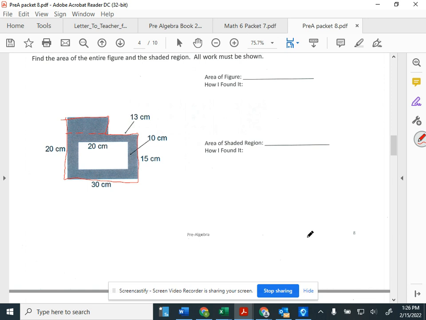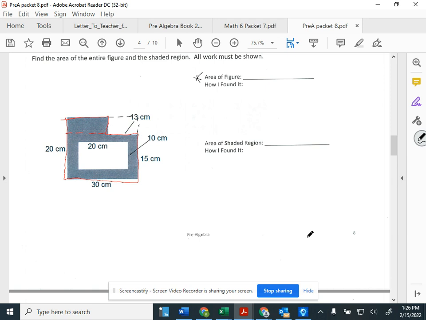We could find out the area of this, and we could find out the area of the big rectangle. Another way of doing it is you could add on a space and then subtract that small area from it. Either way would work. For the area of the figure, that is the whole big figure.